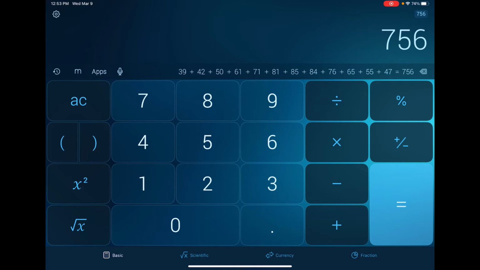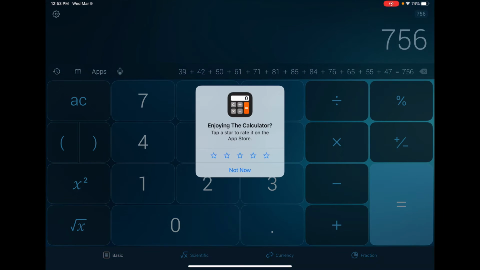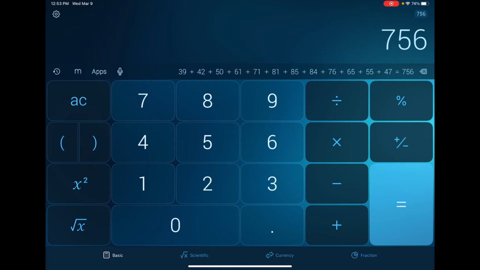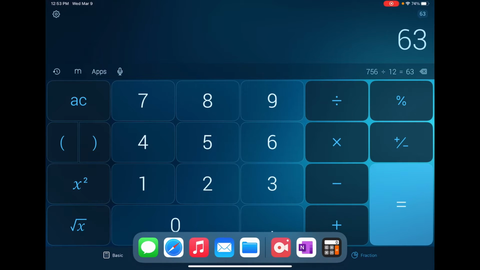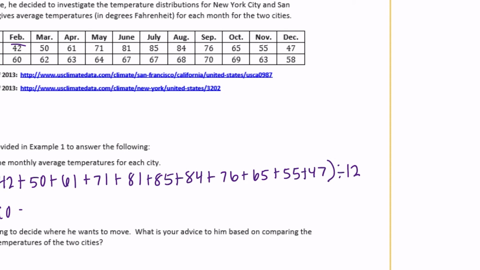So we add all of those together, and all 12 months together are 756. And let's divide that by the 12 months to find the mean or the average temperature. So the average temperature there is 63 degrees Fahrenheit.